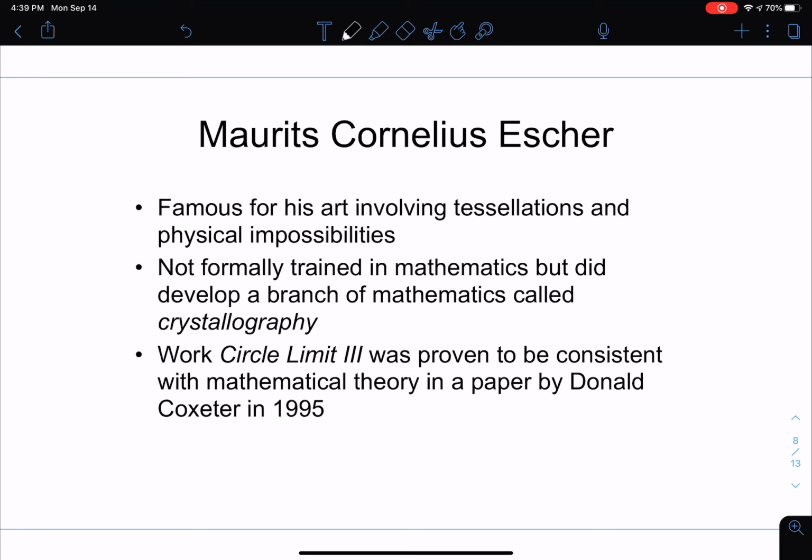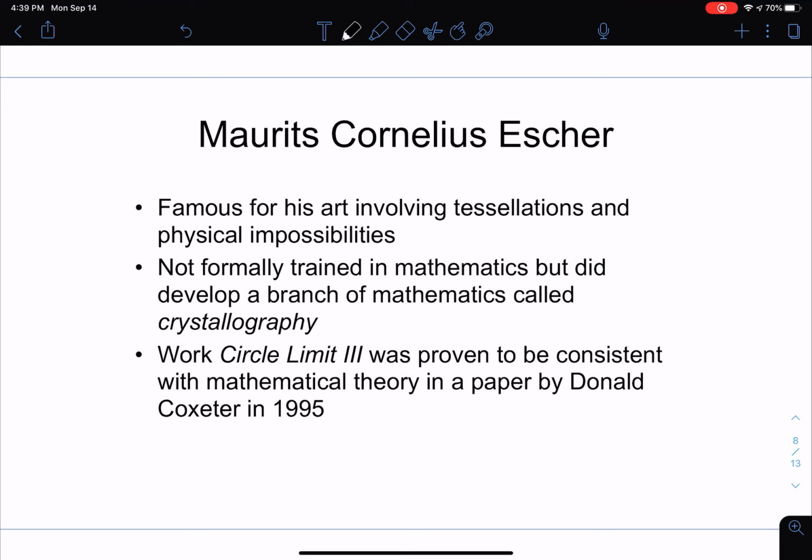He was not formally trained in mathematics, but his art was often very mathematical. And then he ended up developing a branch of mathematics called crystallography that helps to categorize crystals. Very useful in geology.